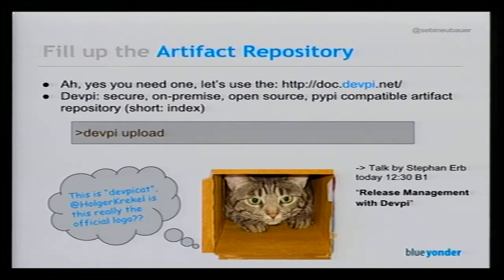He's the core developer of this. So this seems to be the logo of the DevPy server. It's an on-premise or open source solution for this pypi.org, and it has some quite good features.